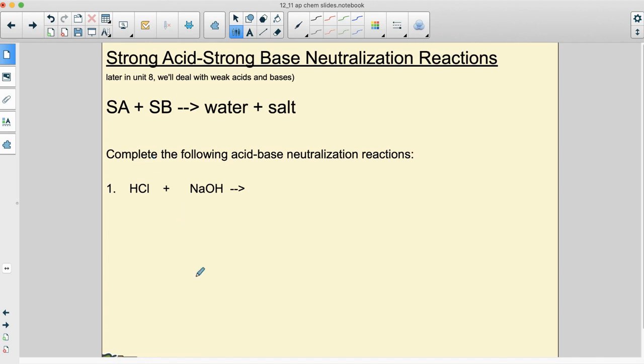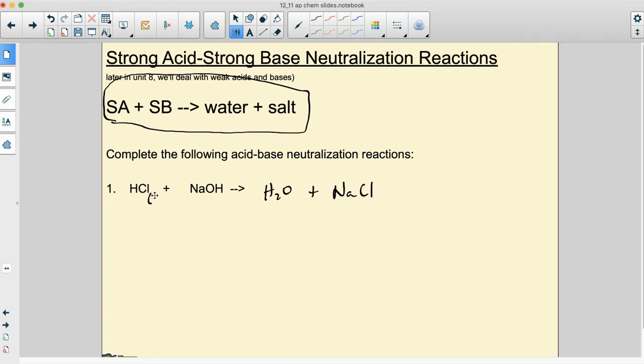And then here we have a couple of acid-base neutralizations. The only type of neutralization that we'll be dealing with in this chapter is the strong acid, strong base neutralization, which forms water and a salt. So here, if we do the double replacement, we get H2O and NaCl.